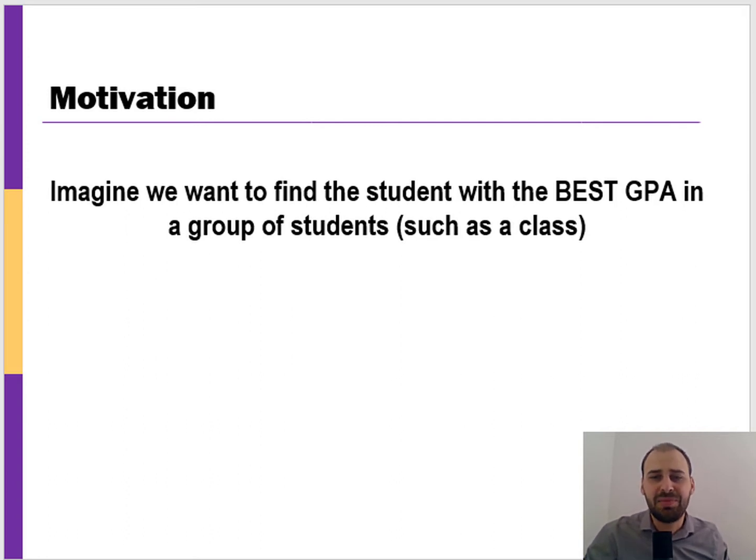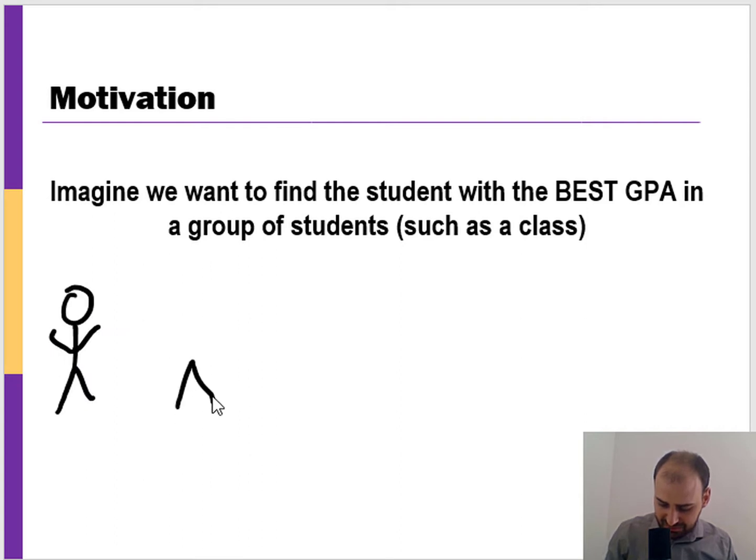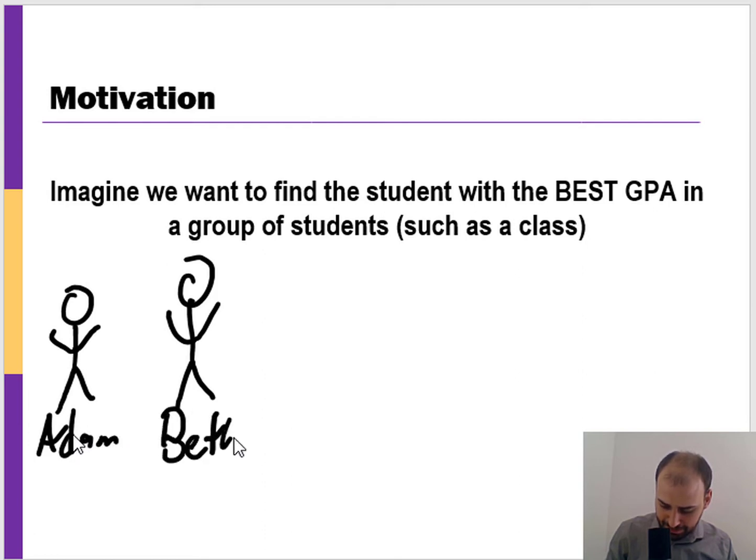So let's imagine that we want to build a program that finds a student that has the best GPA out of a group of students. Okay, so a way to think about this logically, right? We've got a group of students, and they all have different properties, right?